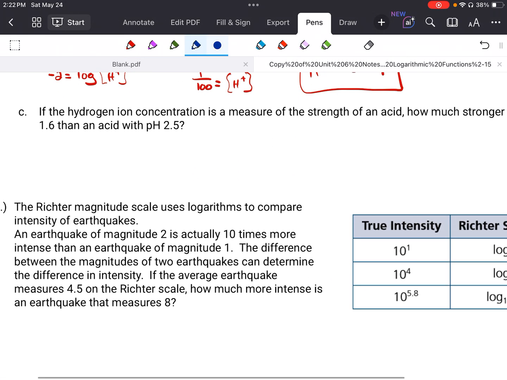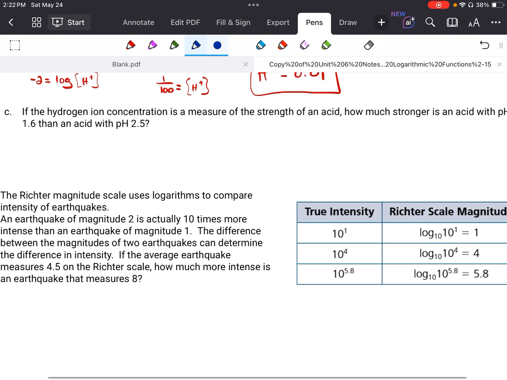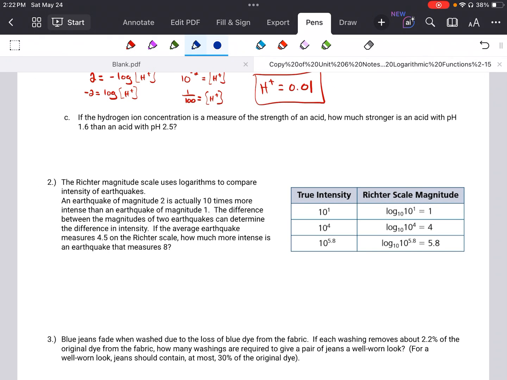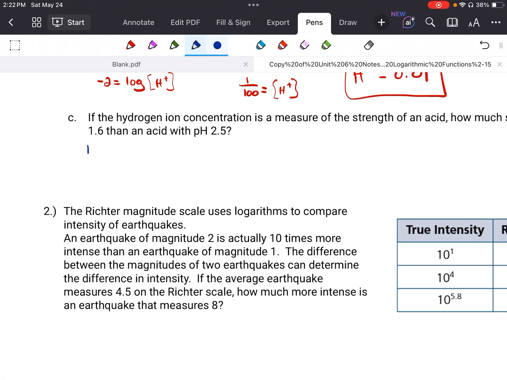Okay, last one for pH. If the hydrogen ion concentration is a measure of the strength of an acid, how much stronger is an acid with pH 1.6 than an acid with pH 2.5? Okay, so we have two things to work with. Work with the first one. 1.6 equals negative log of H plus.